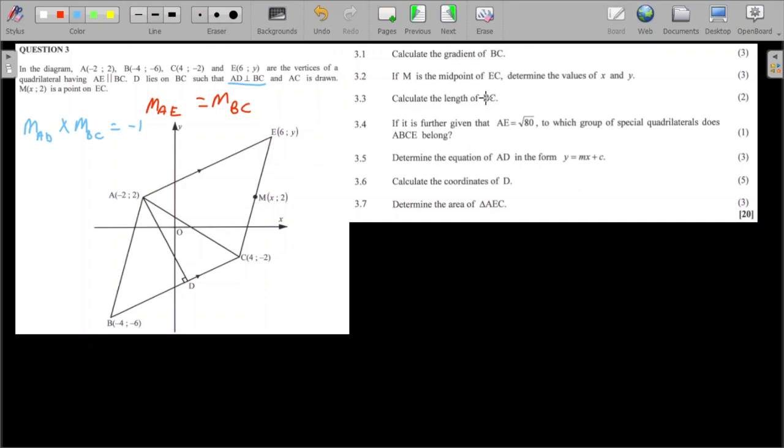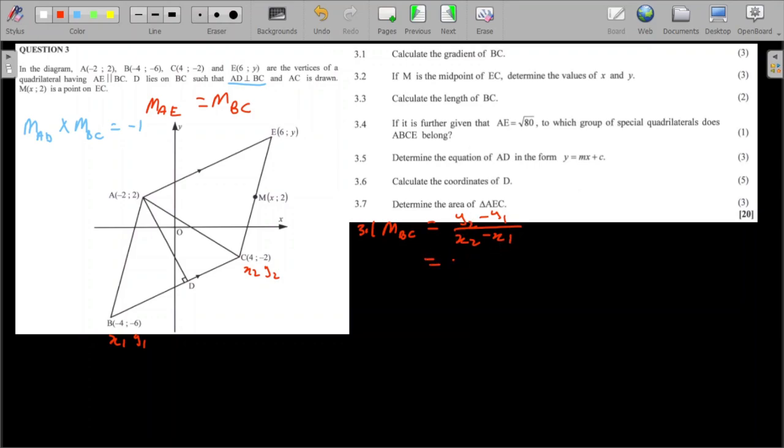3.1, they're saying let's calculate the gradient of BC. So this is x1, y1, and this is x2, y2. The gradient of BC is y2 minus y1 over x2 minus x1.